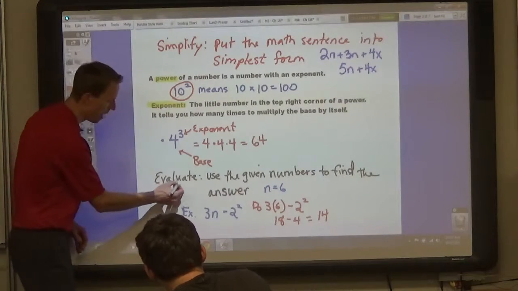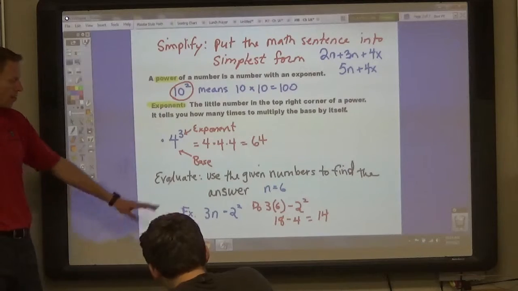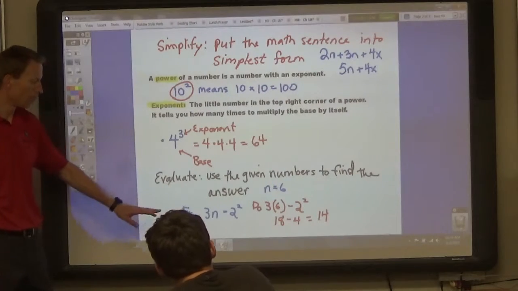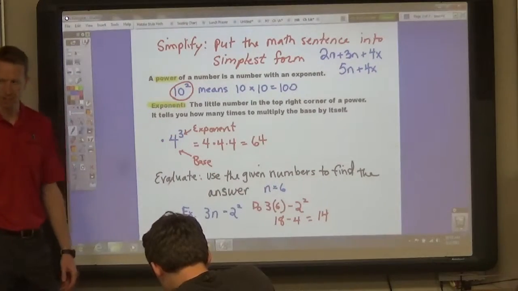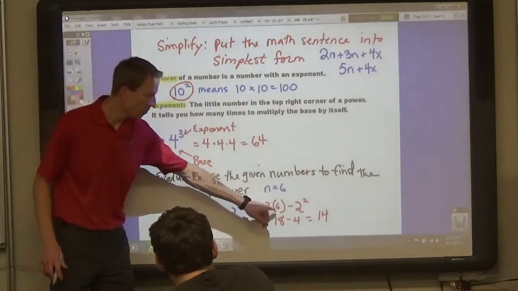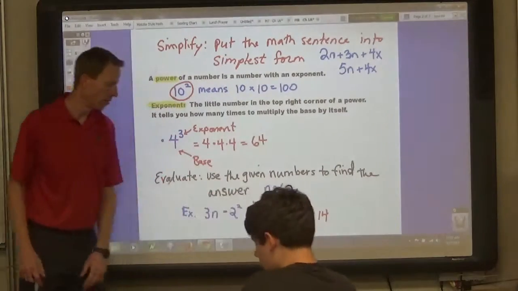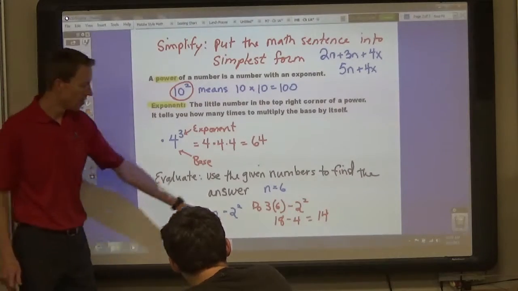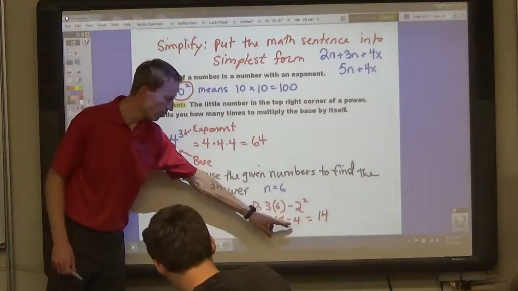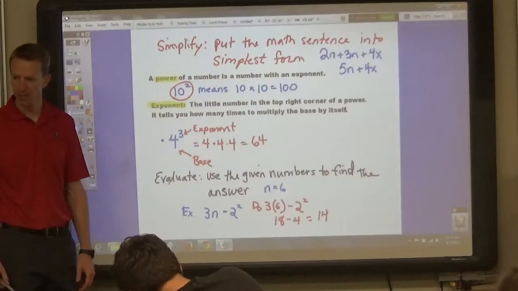Evaluate, notice that value is the root word in there. So it's finding the answer, finding the value of the expression when you put 6 in place of n. So 3 times 6 minus 2 squared. 3 times 6 is 18, minus 4 is 14. Okay?